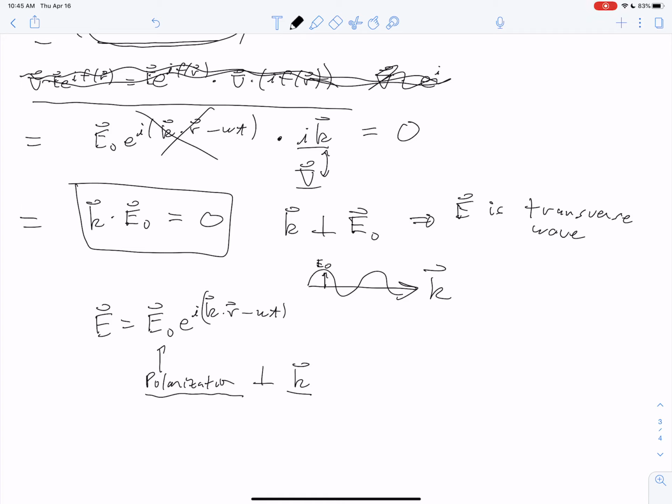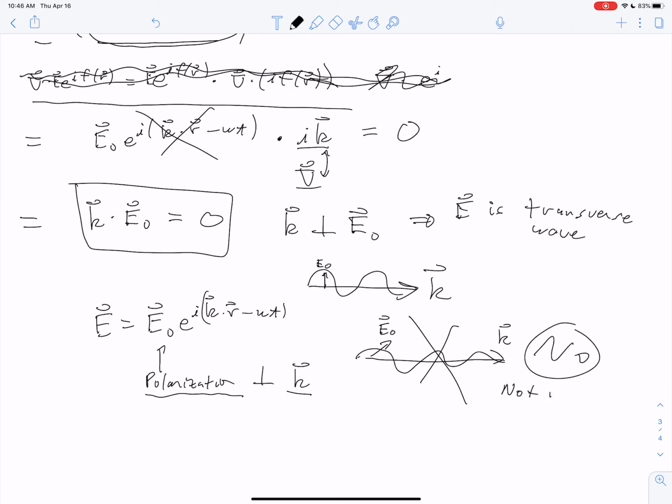For example, could I have a wave that looks like this, where I have k here, and my wave going like that, but with the polarization pointing sort of off to the right like that? The answer is no, can't have it. At least not in vacuum. Maybe in some weird material you might have something like that, but not in vacuum.